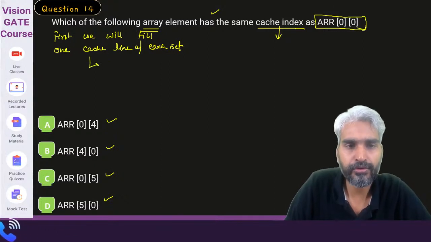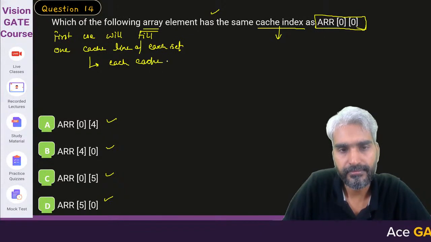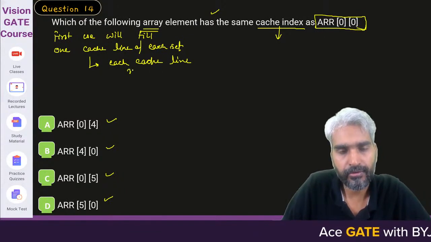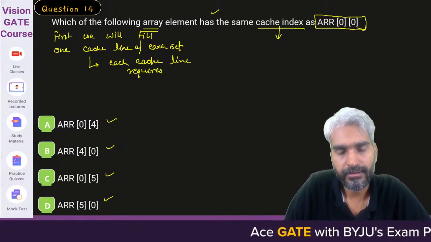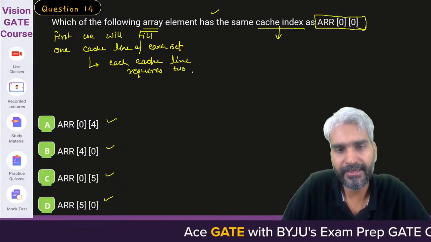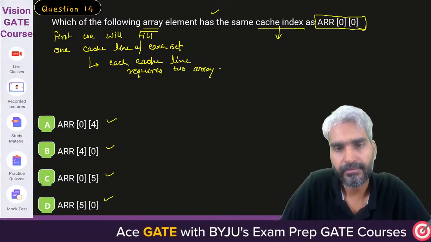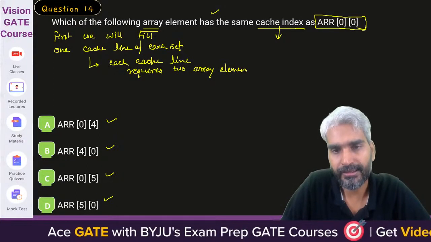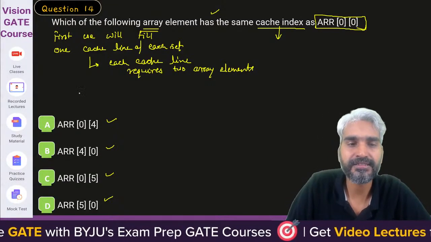Now, what else do you know? Each cache line requires 2 array elements.